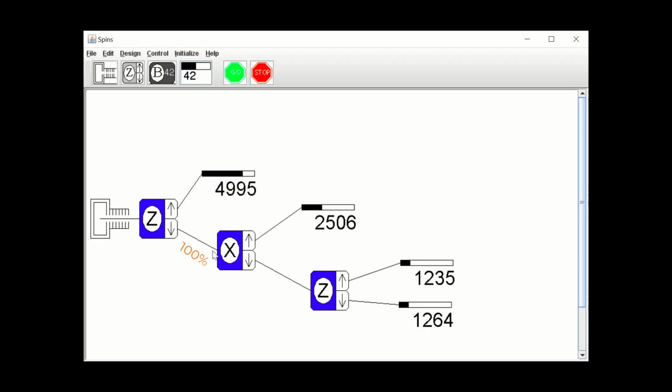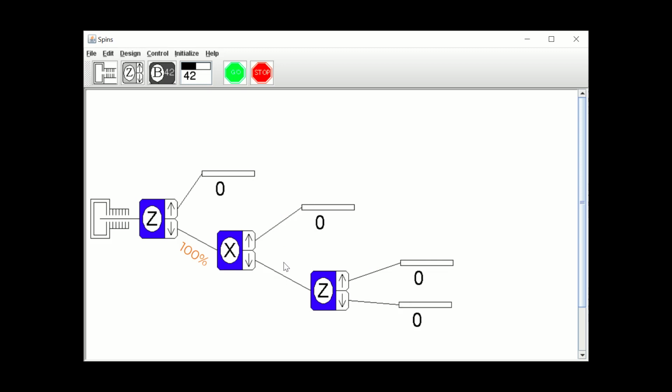It's roughly 5,000 particles. That gets split 50-50 in the X direction, and of the 2,500 particles or so that we're looking at here, half go up and half go down. So about 25% of this initial spin down beam coming into the X get measured as up or down, right?